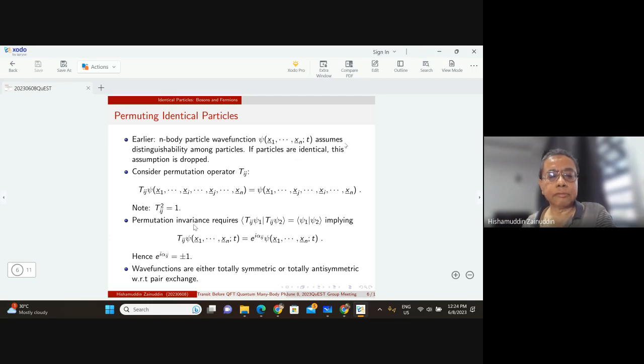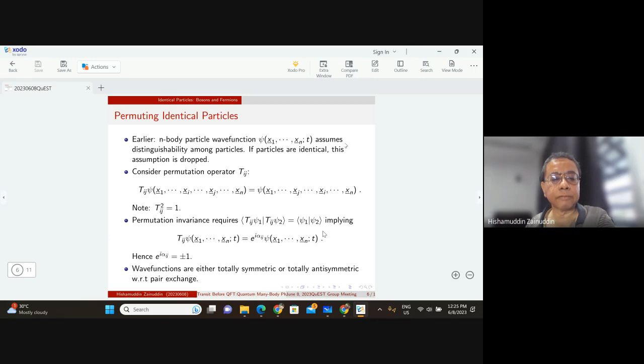So the permutation invariance requires that the inner product be preserved. Suppose you have the permuted case, two wave functions, two quantum states over here. The permuted case should be just equal to the unpermuted case. The only way that you can have this is to have a phase factor in front, connecting the permuted case with the original unpermuted case.